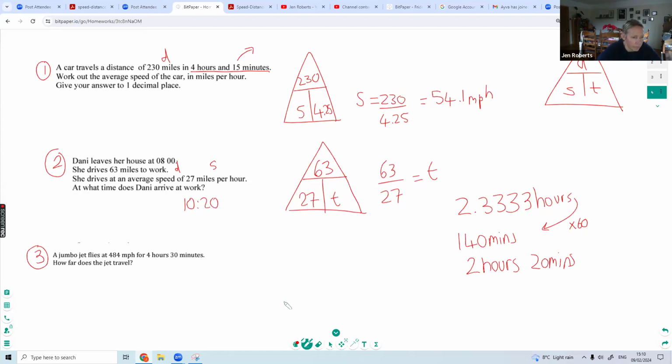Okay, so here's our last question. This time, our unknown is the distance, because how far is it traveling? We've got our speed here, goes in the bottom left. Got our time here. Hopefully you converted this correctly to 4.5, because 30 divided by 60 is half an hour, 0.5. What's the distance?